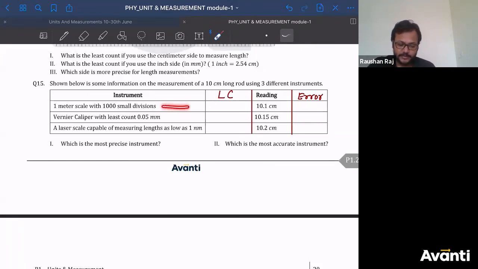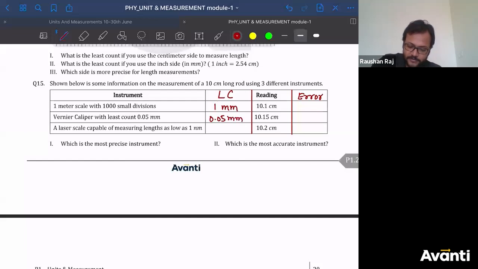So 1 divided by 1000, that means 10 to the power minus 3, that means 1 millimeter. 10 to the power minus 3 meter is 1 millimeter. Okay, what is the least count for the second part? It is given already.